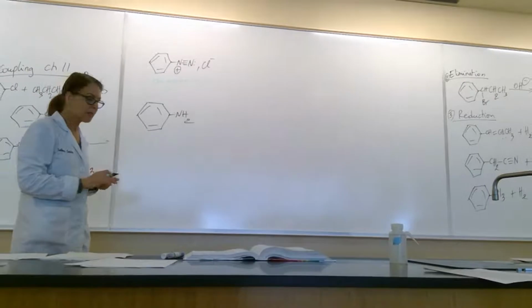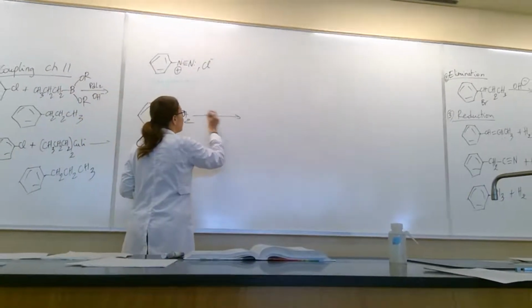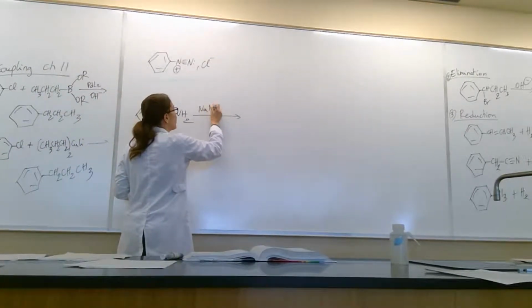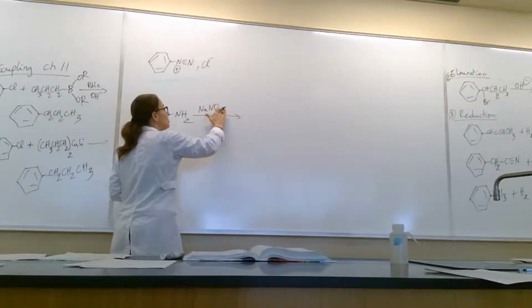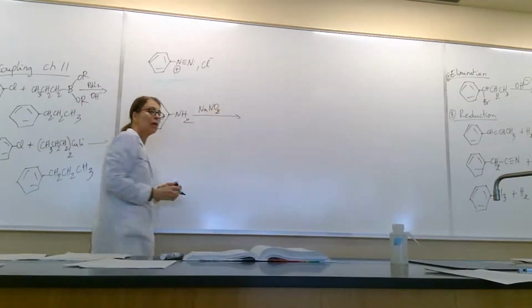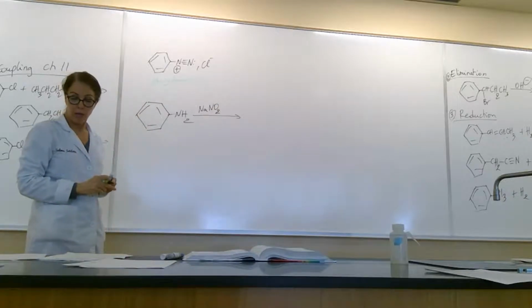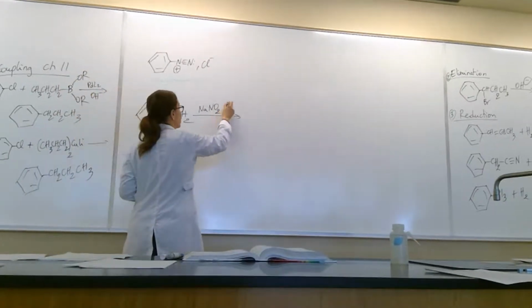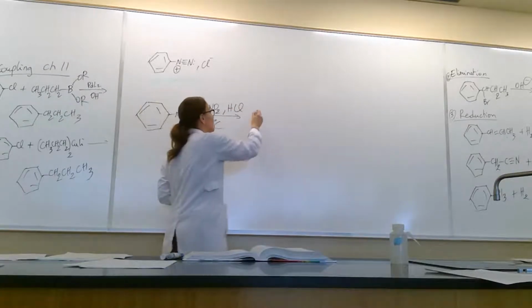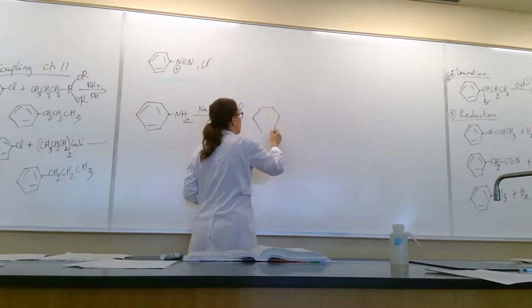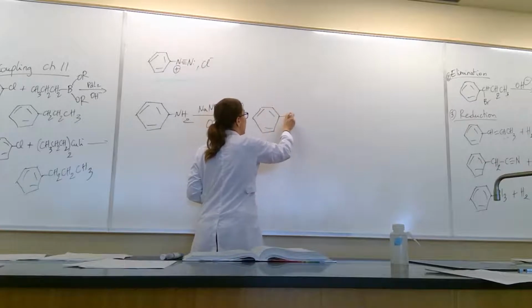So you start with benzenamine, and you use NaNO2, I'm sorry, sodium nitrite, not nitrate, in the presence of HCl, and at 0 degrees Celsius, you will produce the diazonium salt.